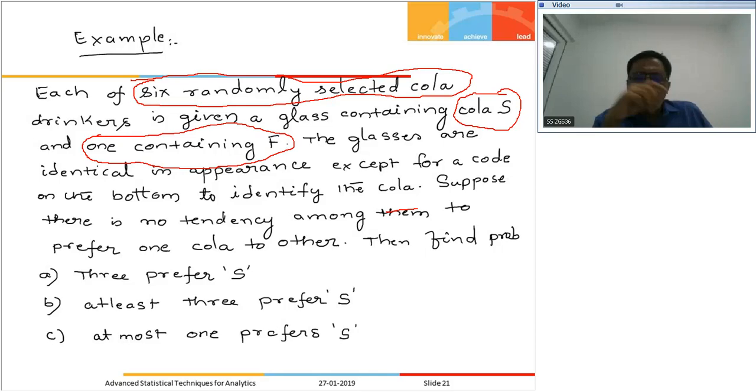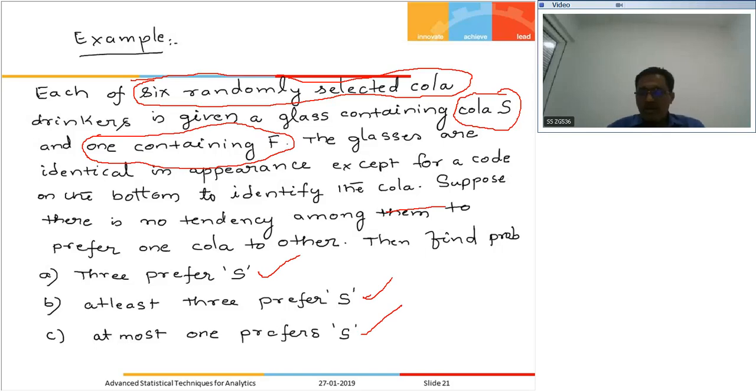Randomly they will pick. Then what is the probability that out of 6, 3 prefer yes, at least 3 prefer yes, at most 1 prefer yes? Yes means the glass containing the first type of cola.